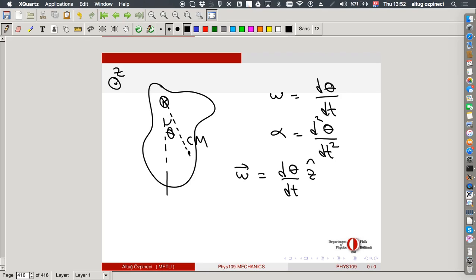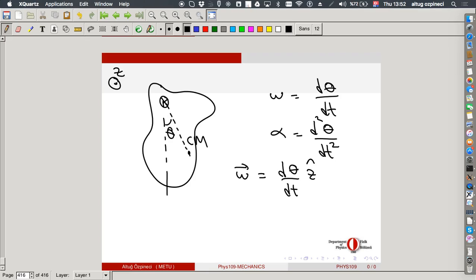Because if all this argument is true, it means that as the object is rotating in the clockwise sense, theta is decreasing, but after the center of mass moves in this direction, the magnitude of that angle is increasing. So if you still want to stick with the convention that theta is decreasing, theta has to be negative if it is somewhere over here. That is just something to keep in mind.